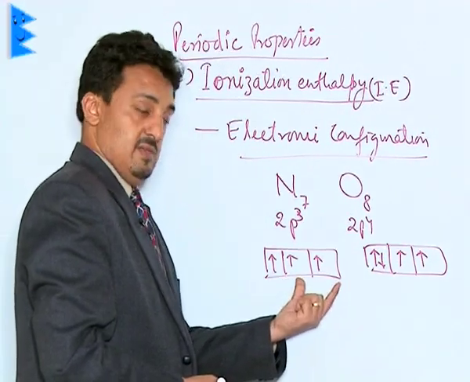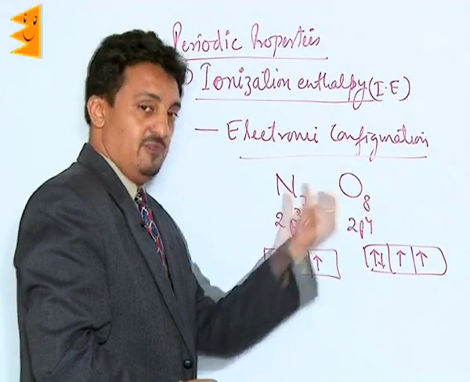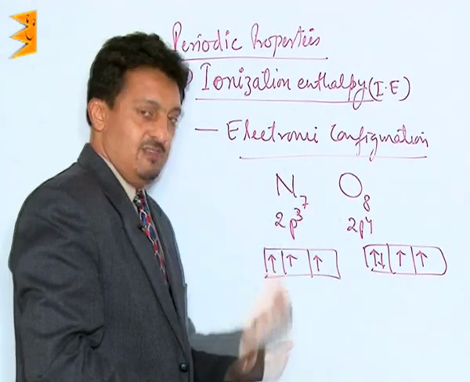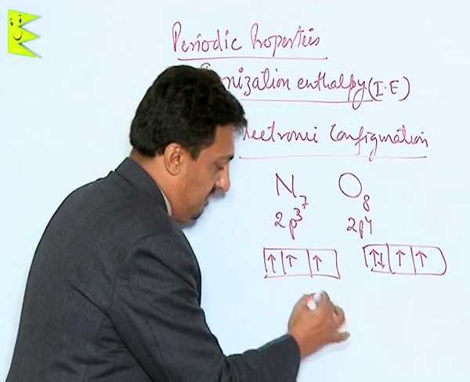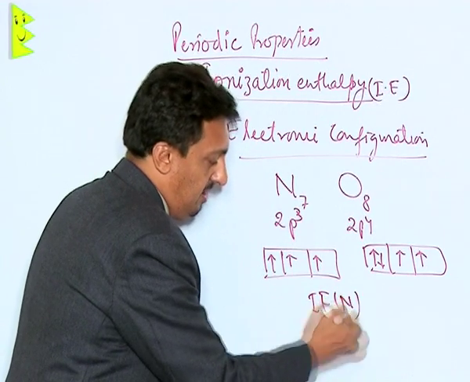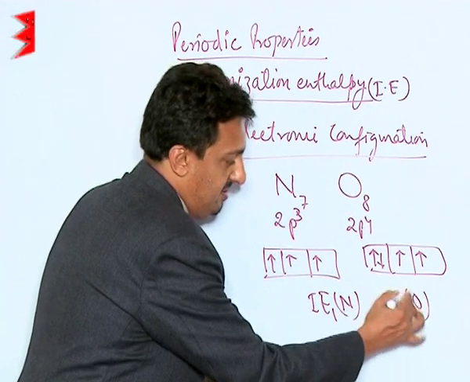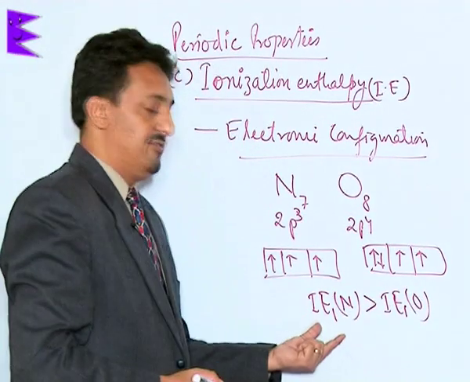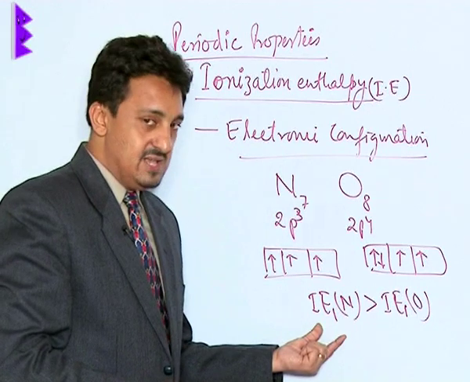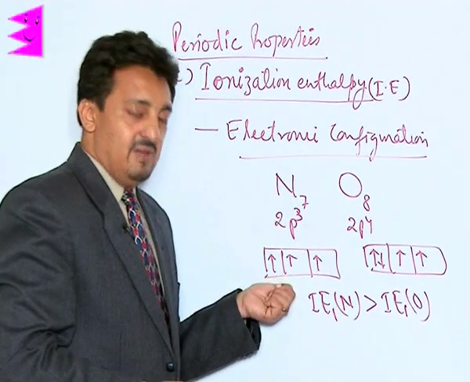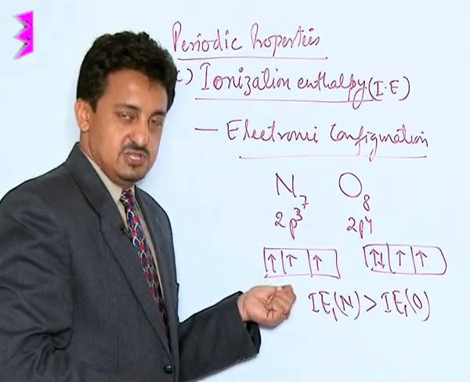Therefore, though the nuclear pull is more in oxygen and the size is smaller in oxygen, when we compare the first ionization energy of nitrogen with that of oxygen, nitrogen has the higher value. The reason is it has a stable half-filled configuration.